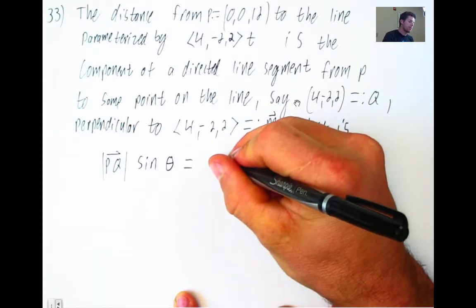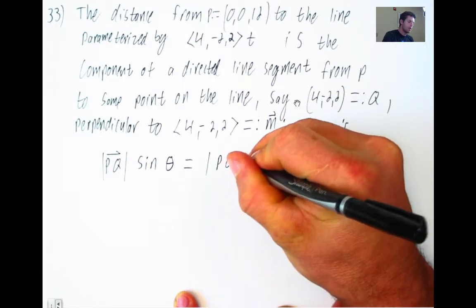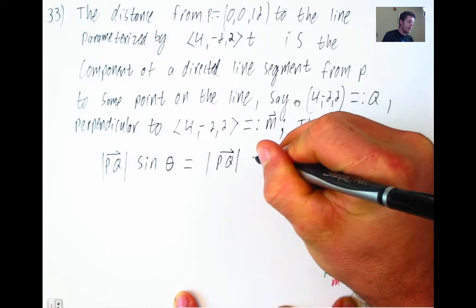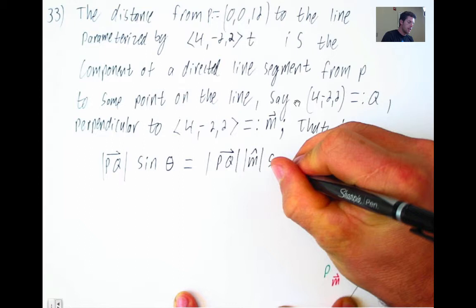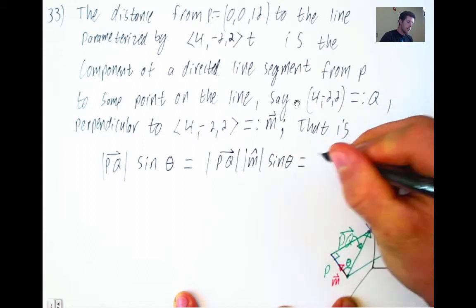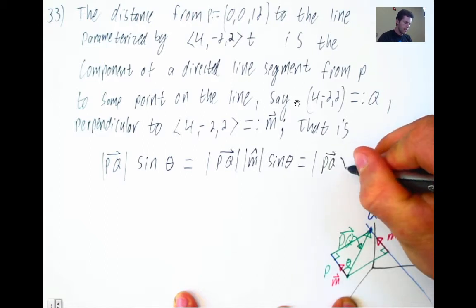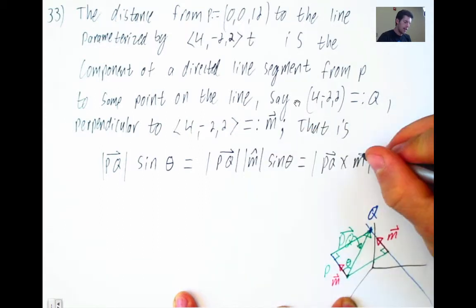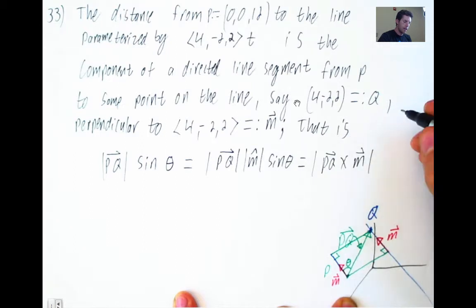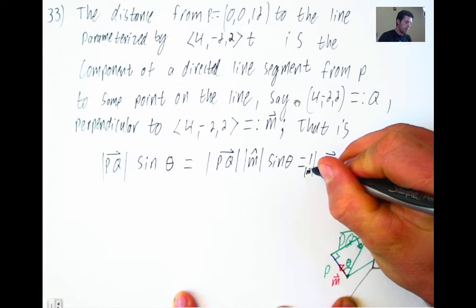Sine comes out of a cross product, so this is equal to the magnitude of PQ times the magnitude of the direction M hat, which is 1, times sine theta. That is the magnitude of PQ cross M hat. Or instead of M hat, I could have the M vector and divide by the magnitude of M, so 1 over the magnitude of M.